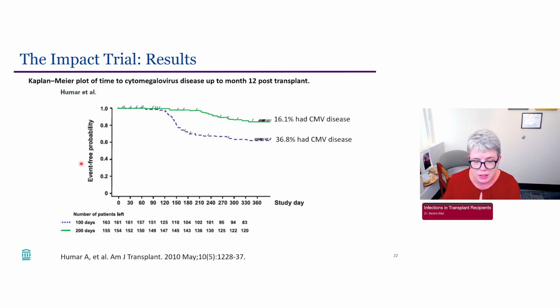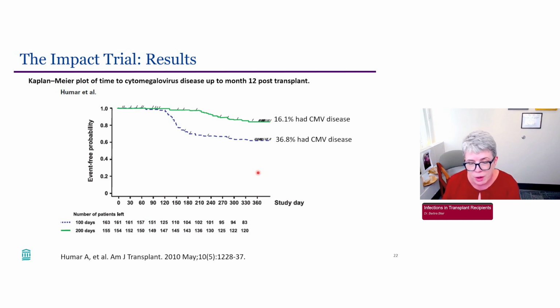What you can see here is that 6 months of prophylaxis had a 20% lower risk overall of CMV over the first year. But you can still see, this is about 6 months here, that you still have CMV presenting late in the first year.